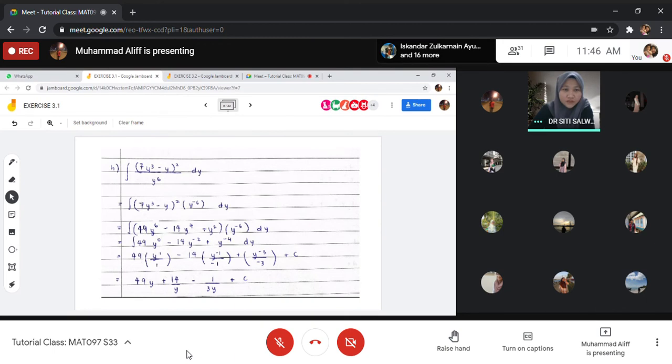Actually, kalau you guna substitution, which part yang you nak jadi u? 7y power of 3 minus y. Kalau you jadikan dia u substitution, okay, 7y cube minus y kan? Okay, let's say you jadikan itu, so bila you differentiate, you dapat apa? 21y cube, kan?